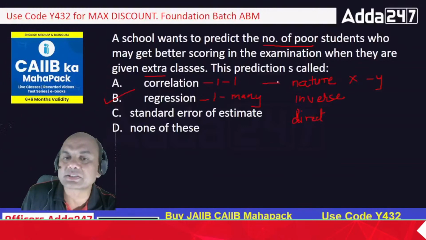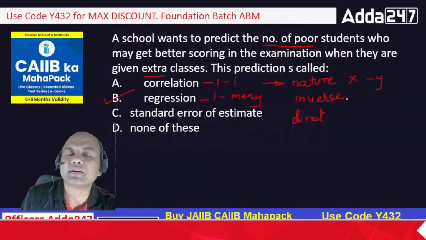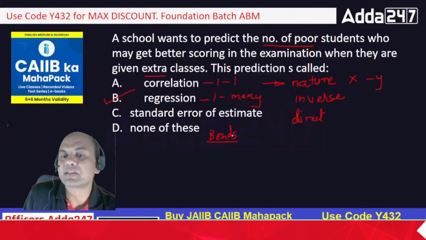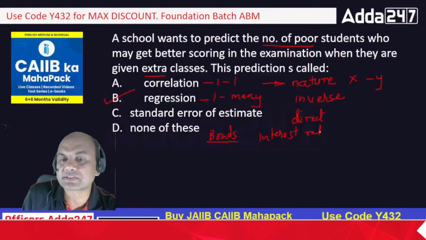We are talking of correlation. So what is inverse and direct? Okay, let's find out this also. Interest rates, bonds, you have studied, all of you have studied bonds, right? In bonds, interest rate versus price of that bond.